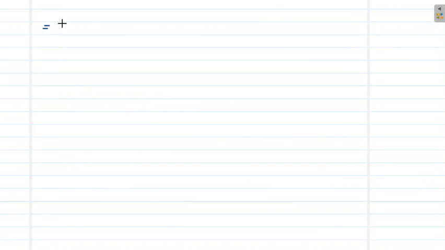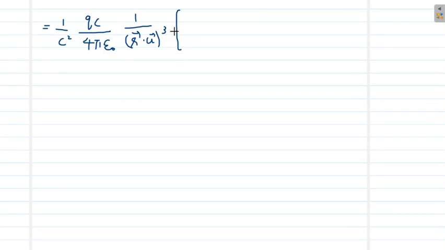So this is equal to 1 by c square into qc by 4 pi epsilon 0 into 1 by (r bar dot u bar) the whole cube into (r bar dot u bar multiplied by a bar plus v bar into (c square minus v square plus r bar dot a bar)).